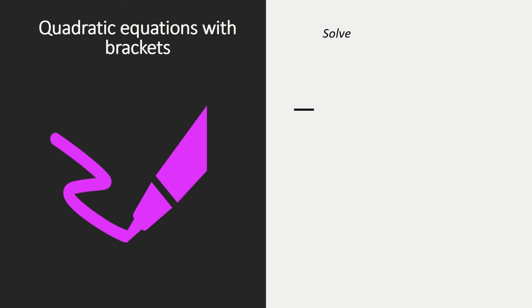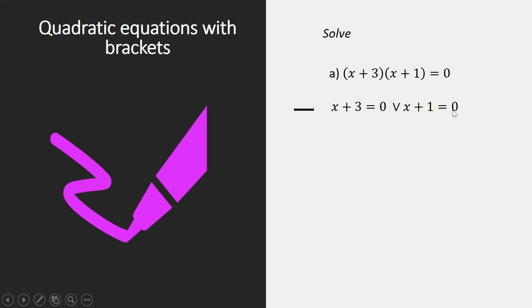Alright, so you could get a question: solve x plus 3 times x plus 1 equals 0. So we know that something times, for instance, x plus 1 equals 0, then we know that x plus 3 needs to be 0. If we say we've got x plus 3 times something equals 0, then we know that that something needs to be 0 as well.